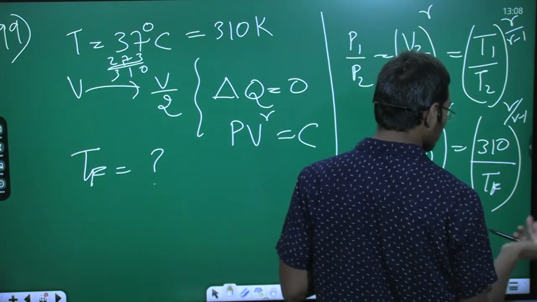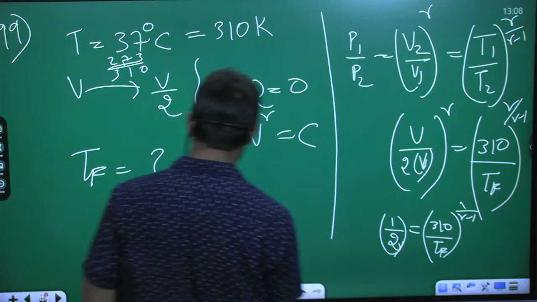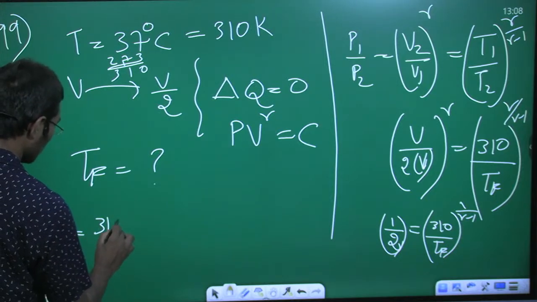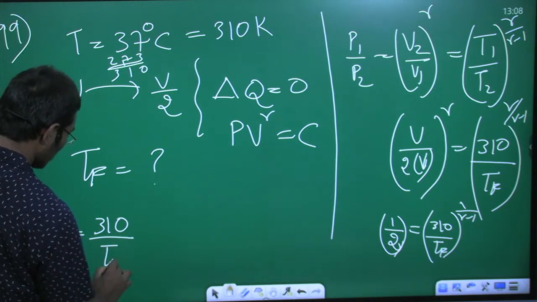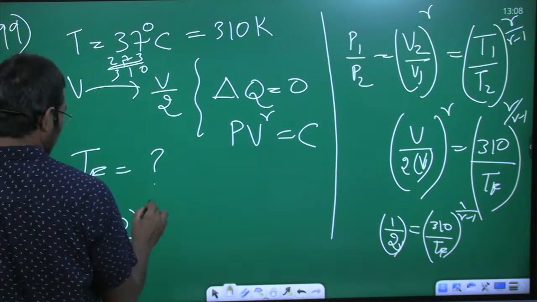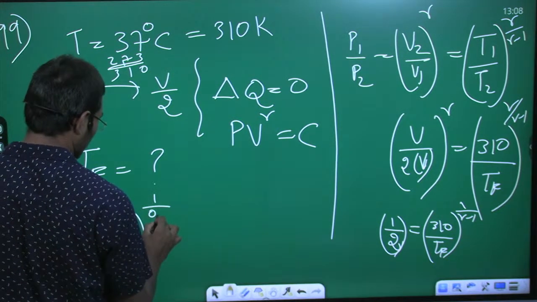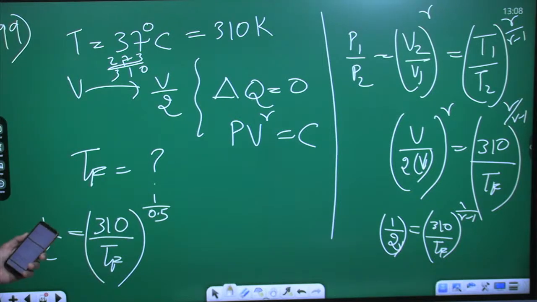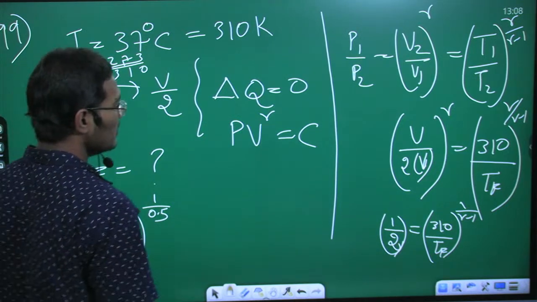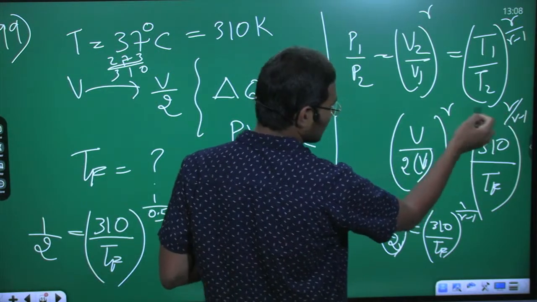So 1 by 2, 310 by T final, 1.5 minus 1. These two gammas get cancelled, right?